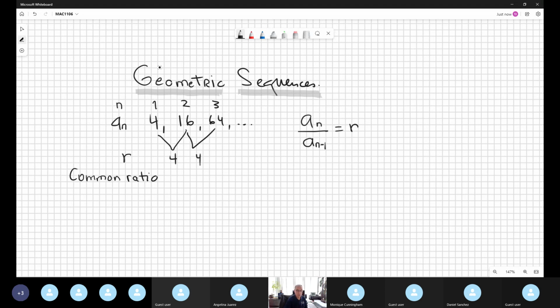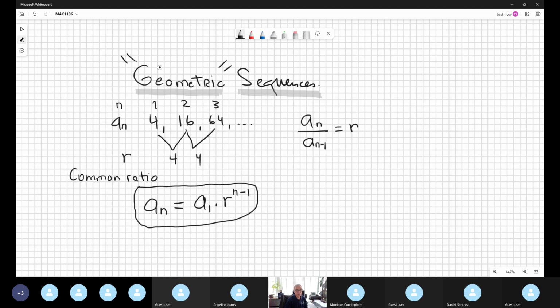Okay, so we have the formula. In general, for any geometric sequence, a sub n is equal to a sub 1 multiplied by r to the n minus 1. This is the general formula for any geometric sequence.